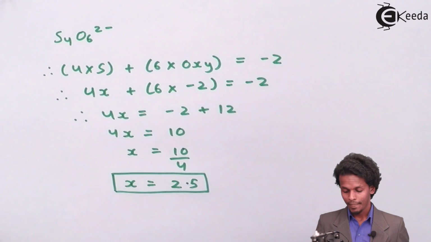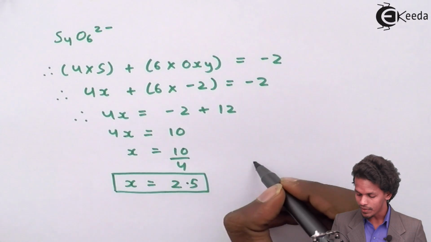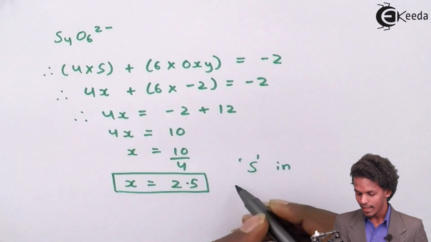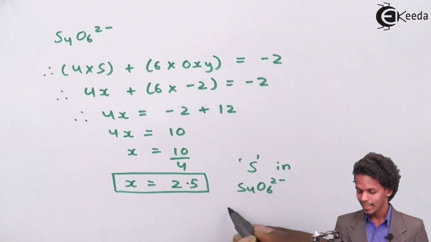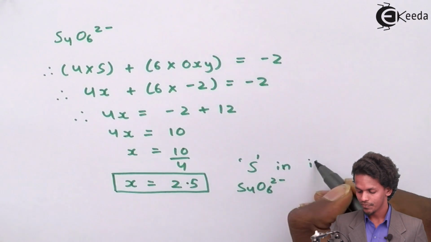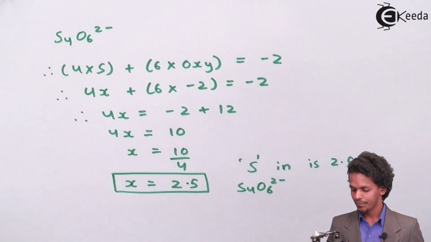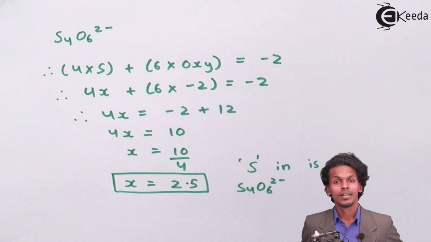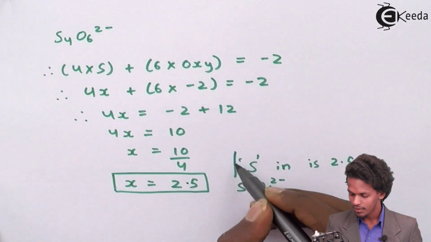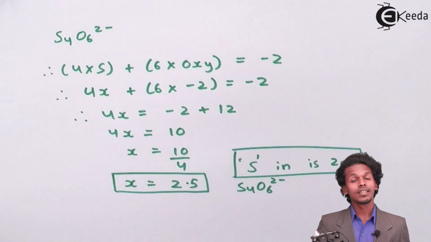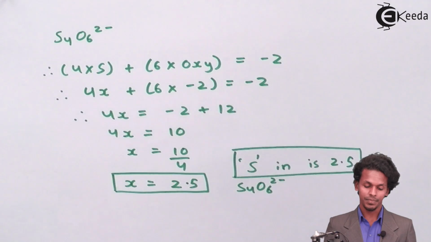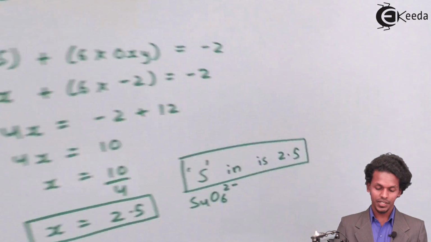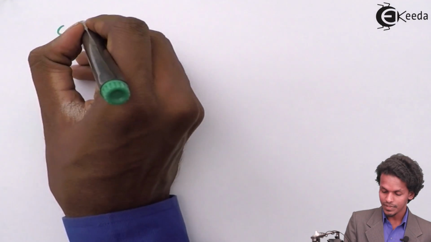So basically the oxidation number of sulfur in S4O6 2 minus is 2.5. So this is what we have got. Now let us find out the last product's oxidation number, that is Cr3 plus.